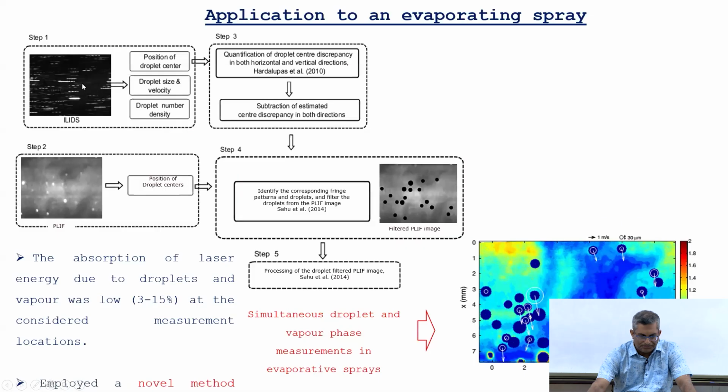As I mentioned, here you have two different kinds of images. First you process the eyelids image, then you process the LIF image. Now, we can remove the droplets from the LIF image because in this case the acetone droplets as well as acetone vapor, both of them fluoresce as we excite them with the UV light. So, we will see fluorescence from both. However, our target is to measure vapor concentration.